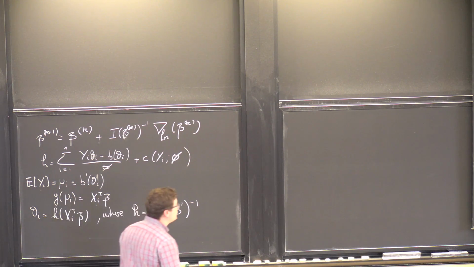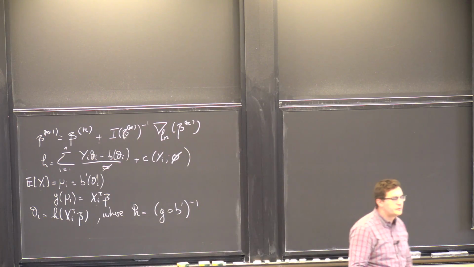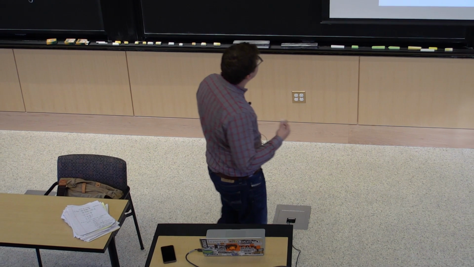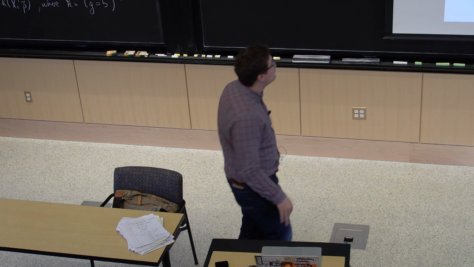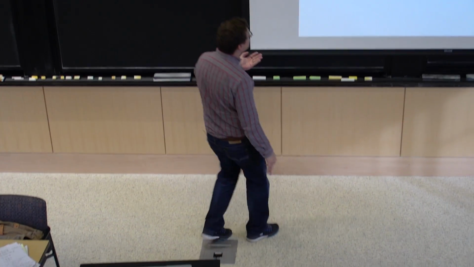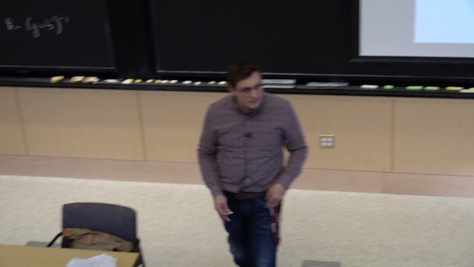Those are all computations that we've made, but they're going to be useful in our derivation. And the first thing we did last time is to show that if I look now at the derivative of the log likelihood with respect to one coordinate of beta, which is going to give me the gradient if I do that for all the coordinates, what we ended up finding is that we can rewrite it in this form, sum of yi tilde minus mu tilde.